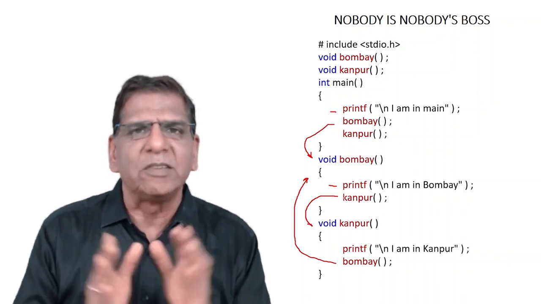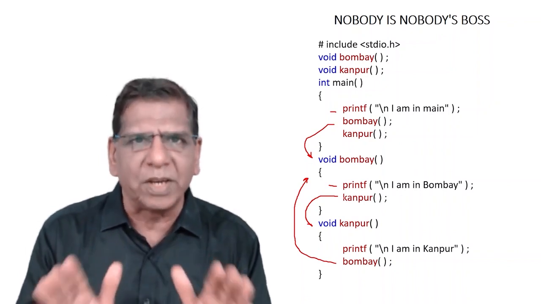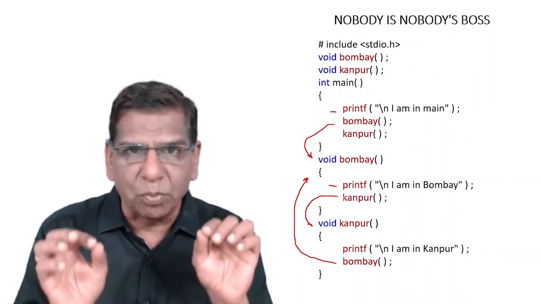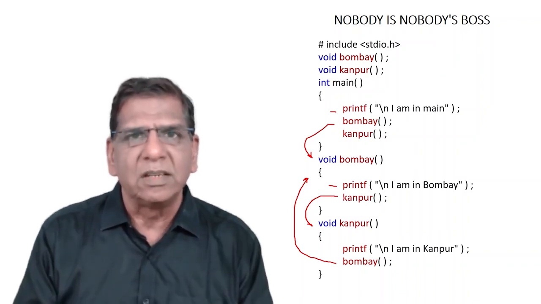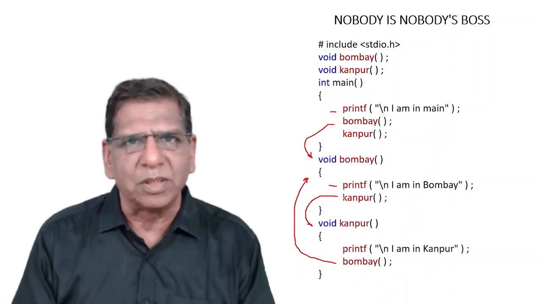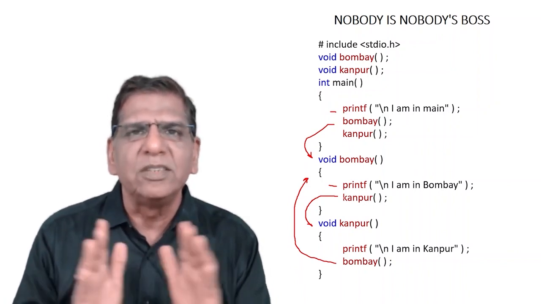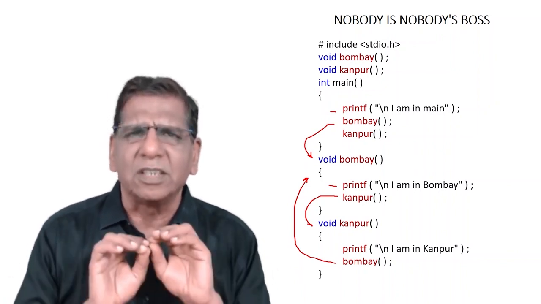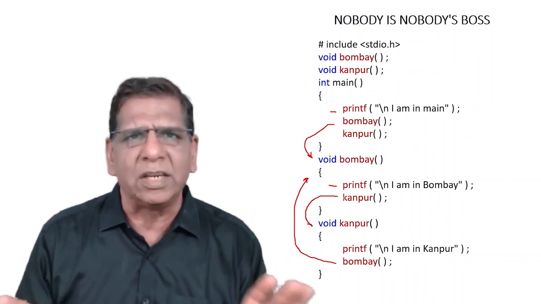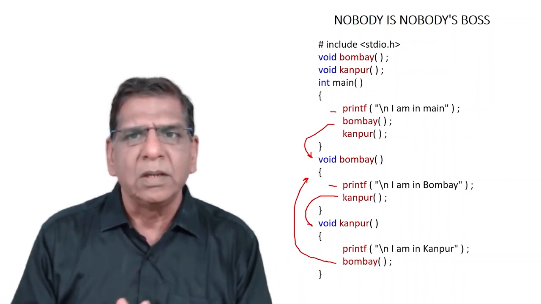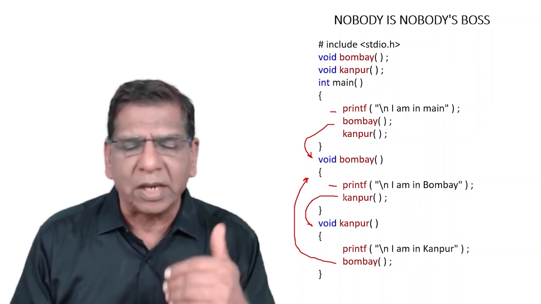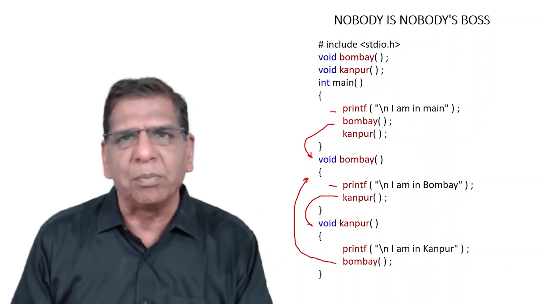How to get out of this infinite loop is something that we would figure out. But what is important for you to note here is that neither Bombay is Kanpur's boss nor is Kanpur Bombay's boss. Nobody is nobody's boss. Any function is free to call absolutely any other function. The way Bombay can call Kanpur, Kanpur can call Bombay.